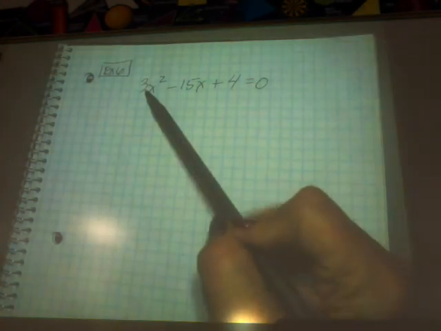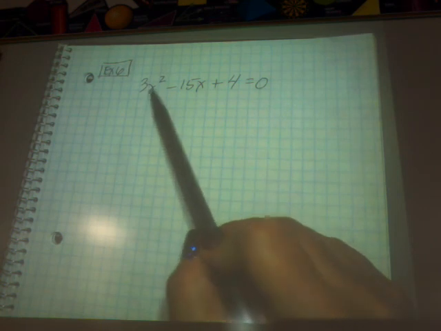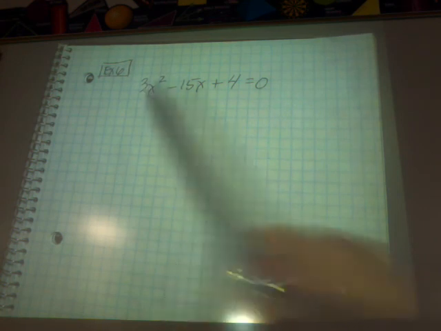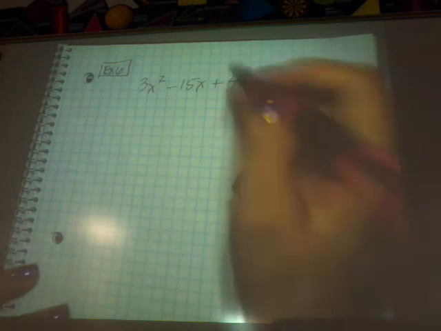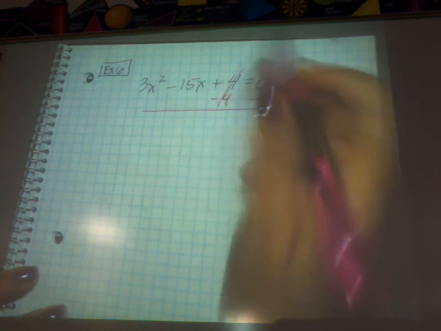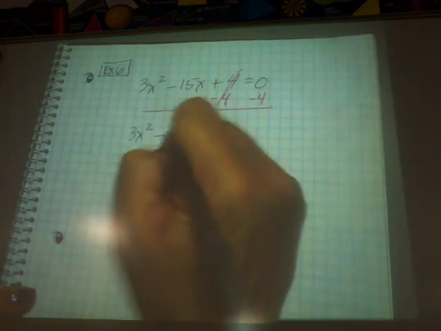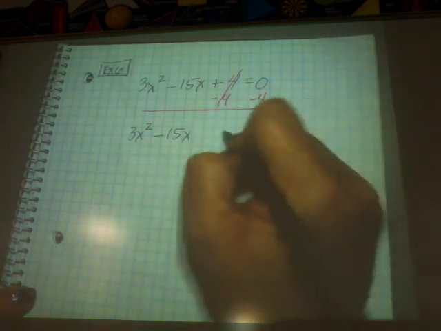That's not a perfect square, and what else is wrong with that? If we were to complete the square, can you have a 3 there? No. So the first thing I'm going to do, though, is subtract the 4 from both sides, because I know I don't want it there, because it's not going to help me. So I've got 3x squared minus 15x equals negative 4.